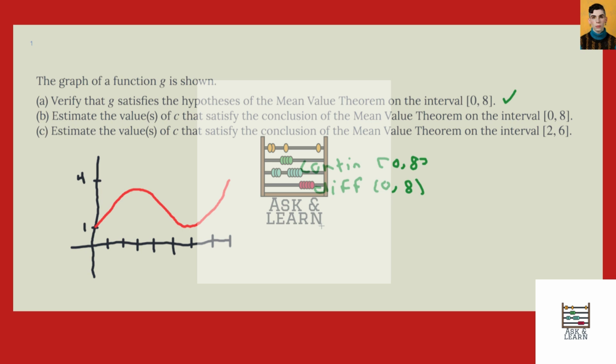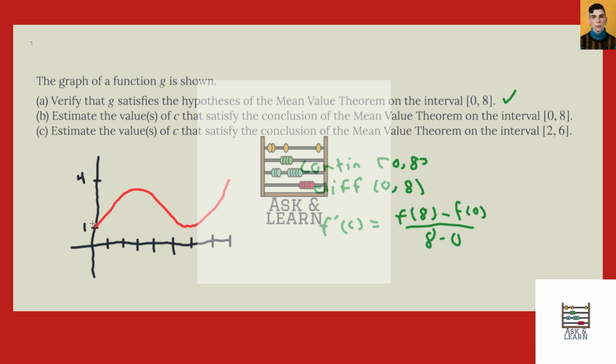The conclusion is that there would be a number c such that f prime of c is equal to f of b, which in this case is f of 8, minus f of 0, all over 8 minus 0.